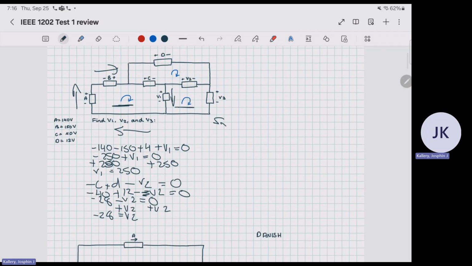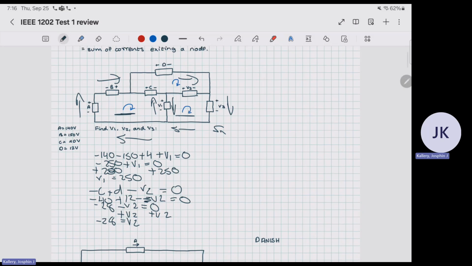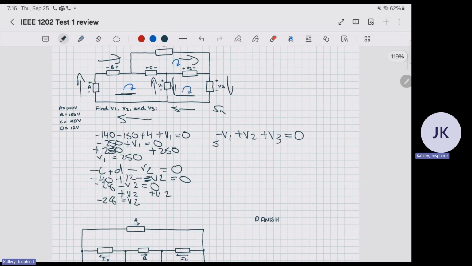Now we'll solve for the bottom loop, and the direction is going to be this way. Then we're going to go up to the right, and then we're going to go down. So we'll have negative V1 plus V2, and then plus V3 equals 0. And then V1 we got 250 plus negative 28 plus V3 equals 0.